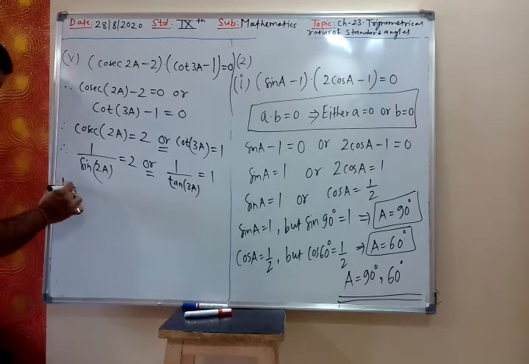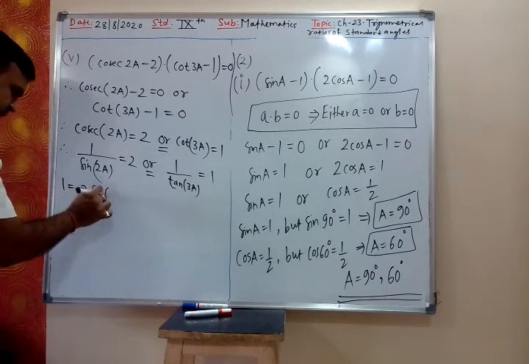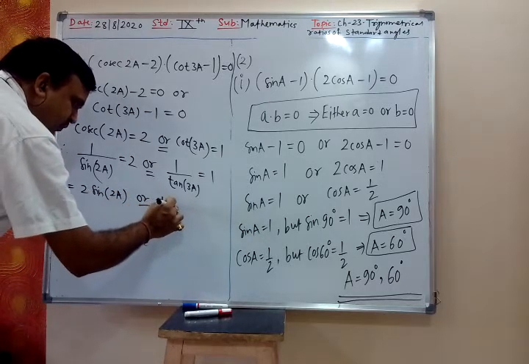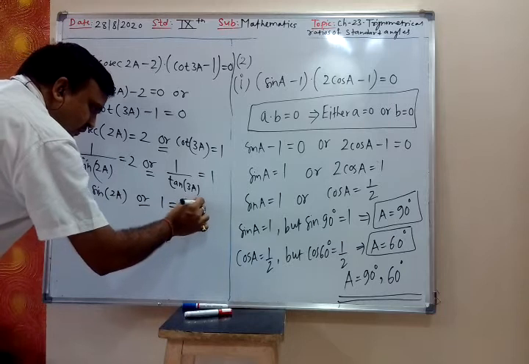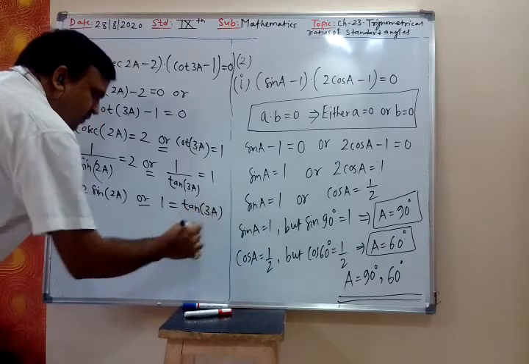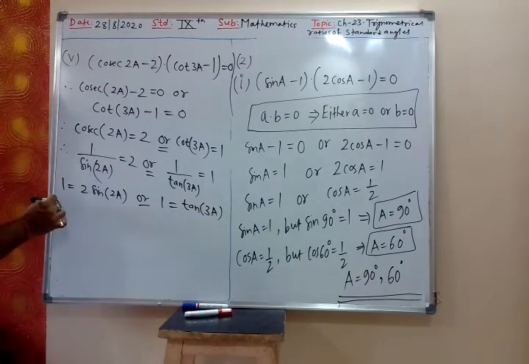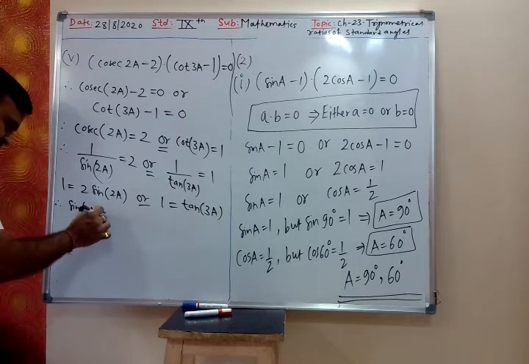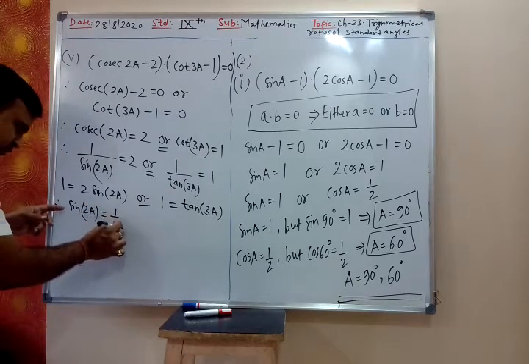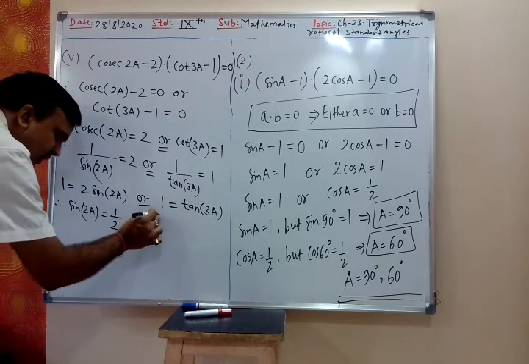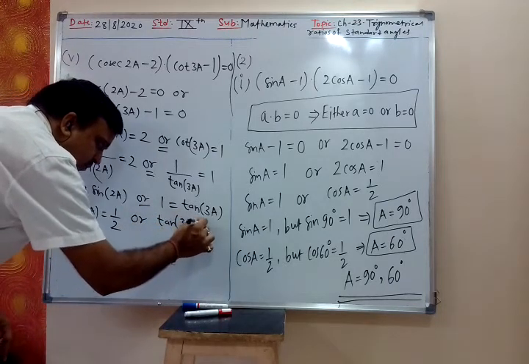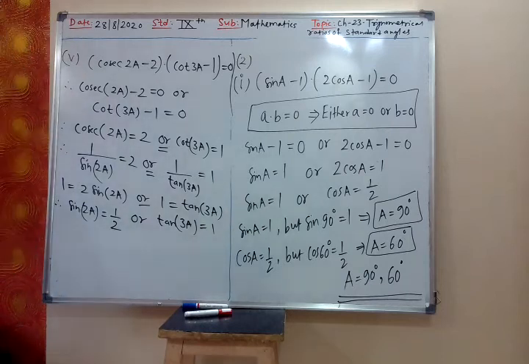So 1 is equal to 2 sine 2A, or 1 is equal to tan 3A. So that will give you sine 2A is equal to 1 divided by 2. Sine 2A is half, or tan 3A is equal to 1.